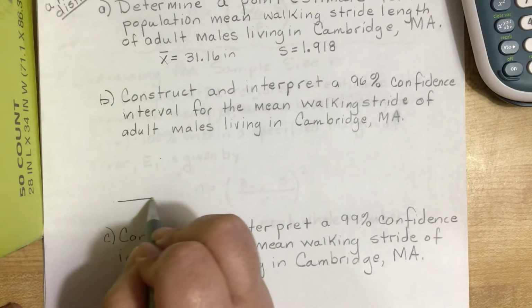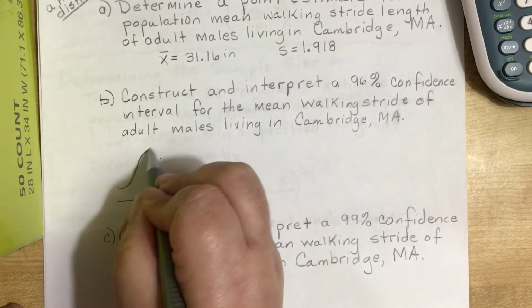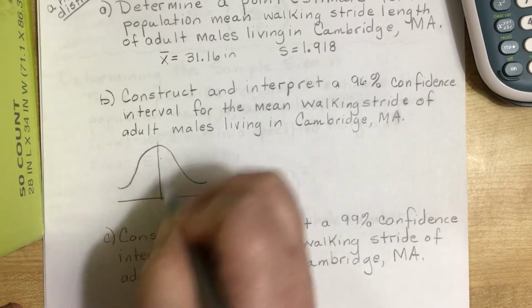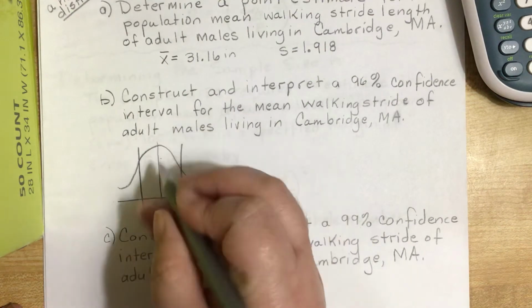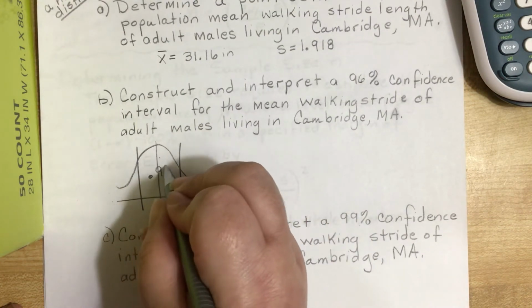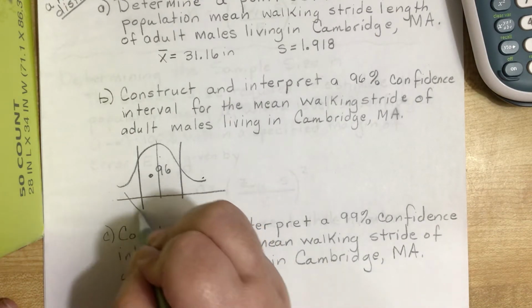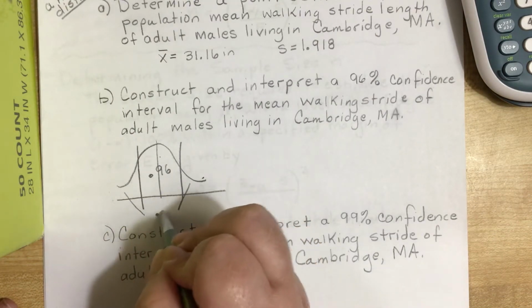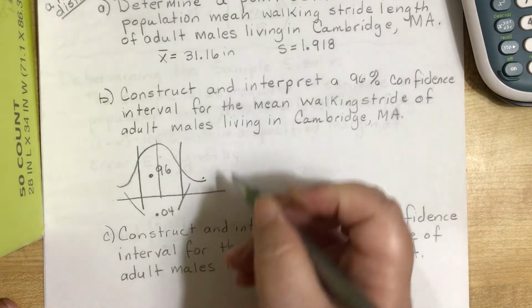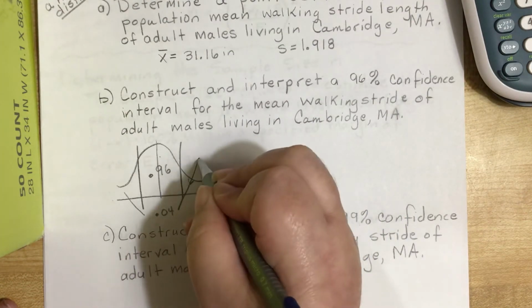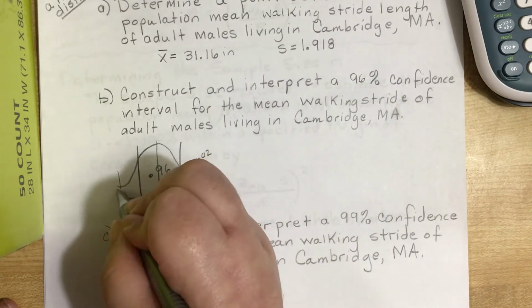Alright, so a 96% confidence interval. We are 96% confident that it is between the lower bound and upper bound, which means I'm allowing myself 4% error, so in each tail there would be 2%.